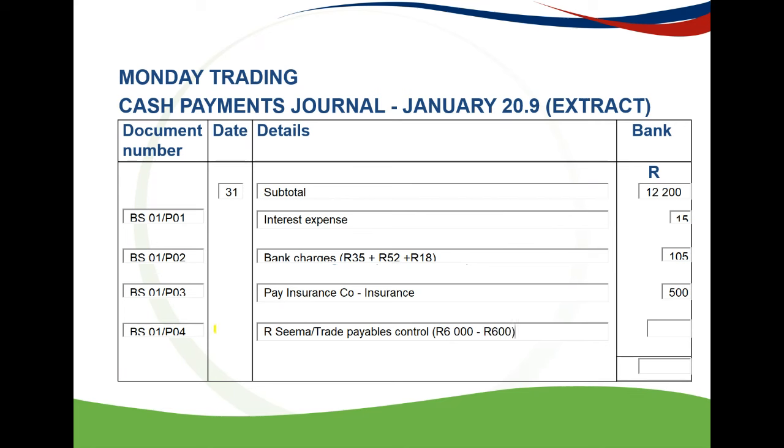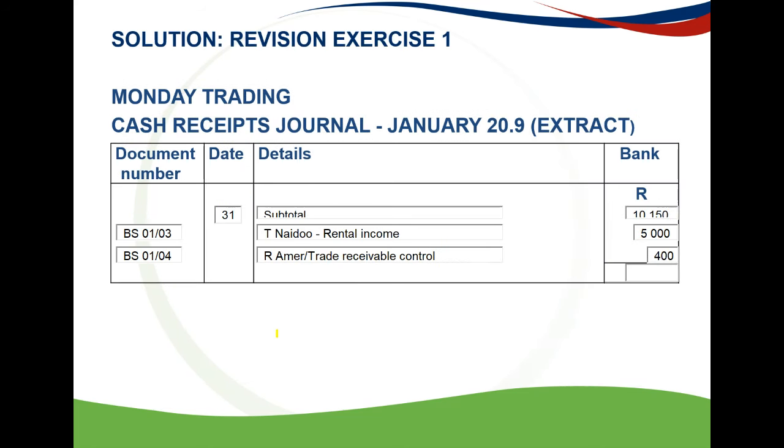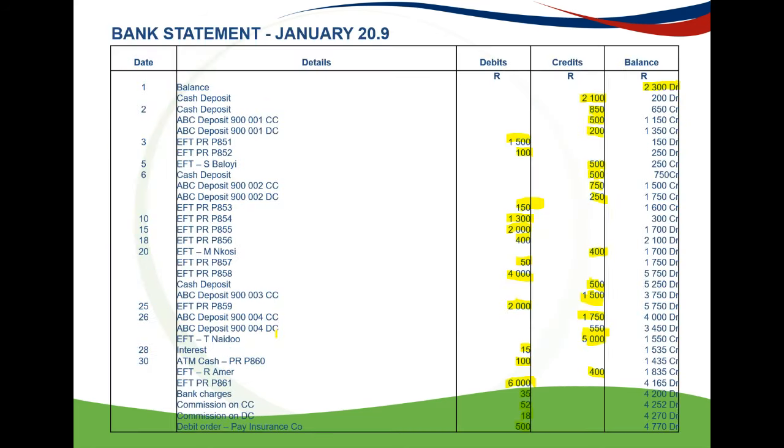There's another 5,400 that needs to be recorded. So we know now that we've addressed everything here. Everything that was on the bank statement, but was not recorded on either the cash receipts journal or the cash payments journal, we've addressed.